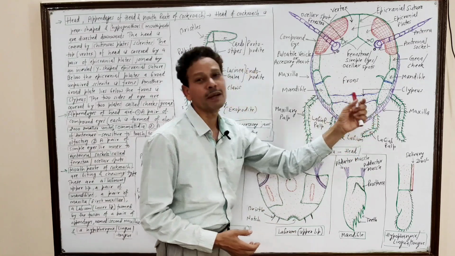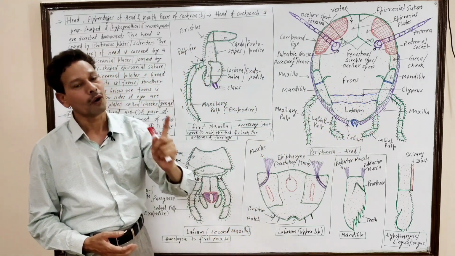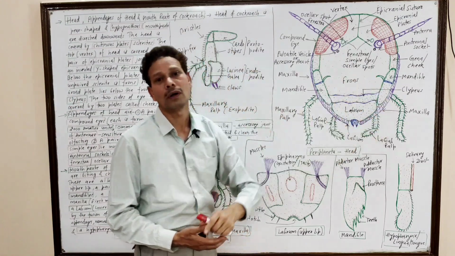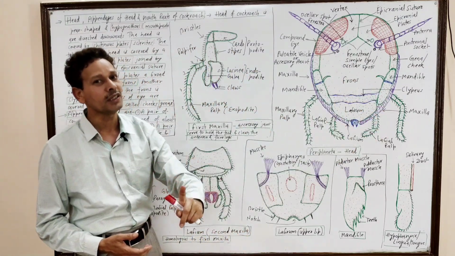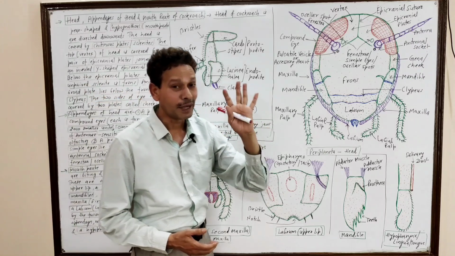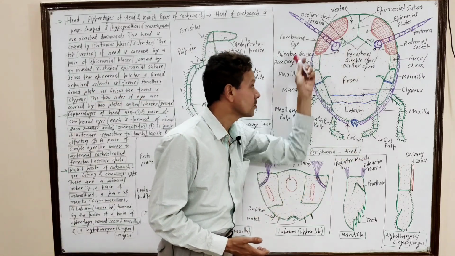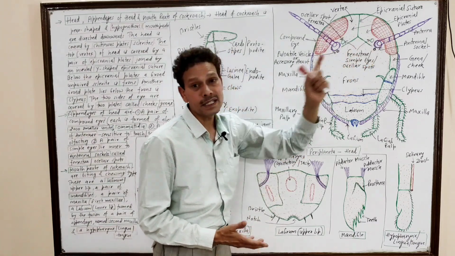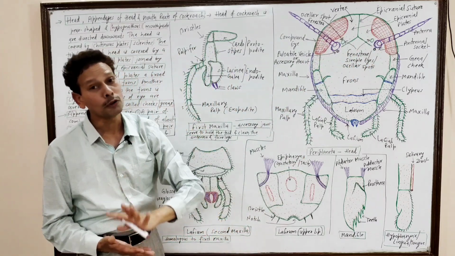Now I will discuss, very important for all BSc students, the mouth parts of cockroach. In today's lecture, I am discussing the structure of head appendages as well as mouth parts.